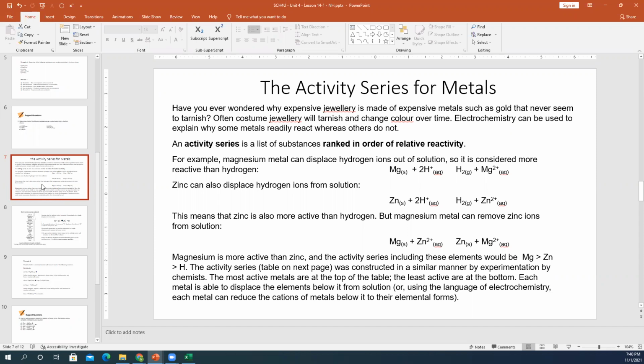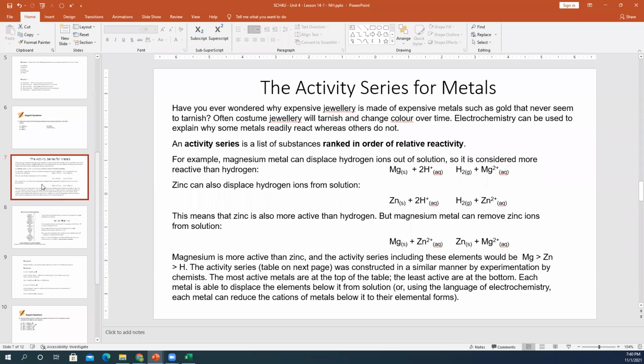And we can use electrochemistry to explain why some metals tend to react more readily and be more reactive and tarnish, whereas other ones don't.